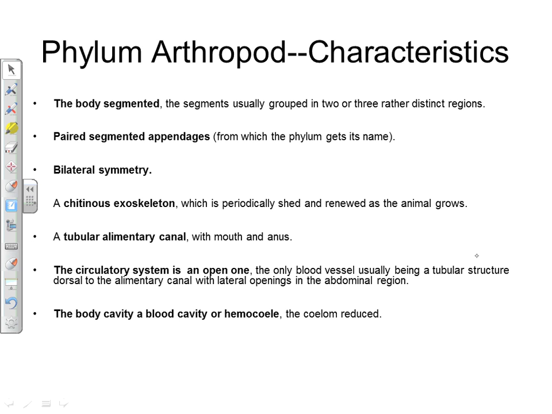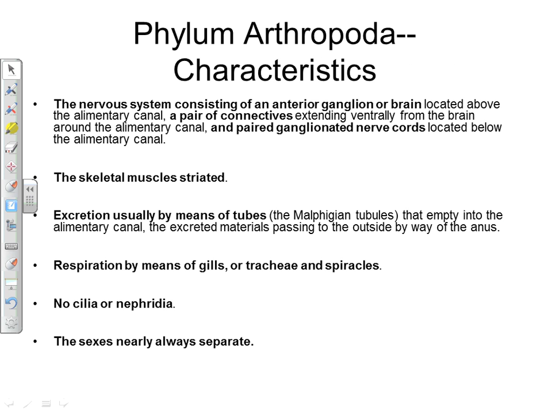As we said before, their circulatory system is open. So they have a heart and a couple of main blood vessels, and then when the heart pumps, the blood goes out and basically bathes the organs. They do have a coelom, body cavity, but it's sort of small. Their nervous system is mainly consisting of an anterior ganglion.